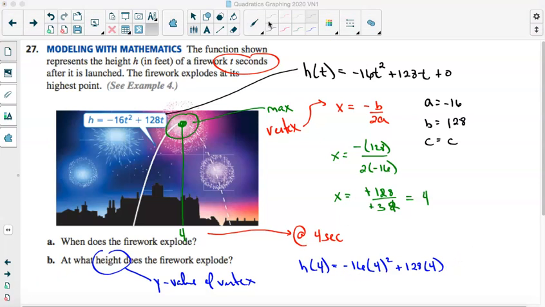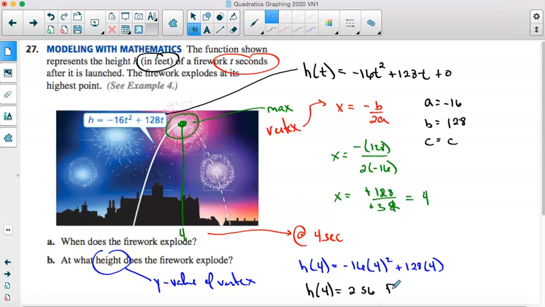If you plug this into your calculator, h of 4 is equal to 256. The function represents height in feet, so 256 feet. So after 4 seconds, the firework explodes at a height of 256 feet.